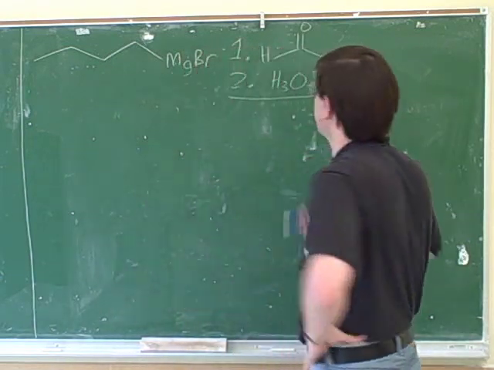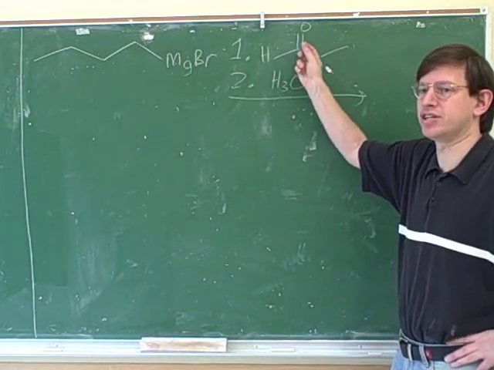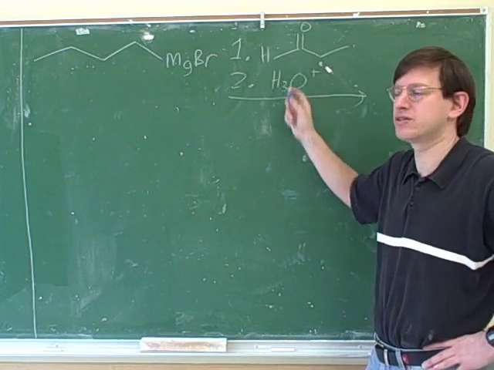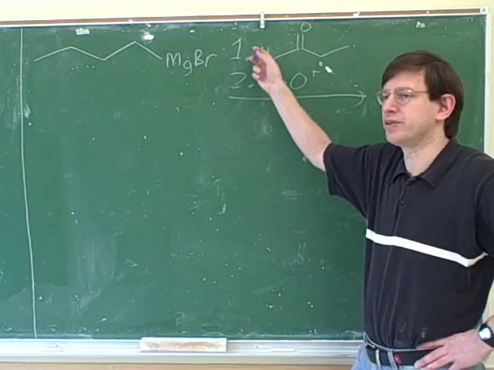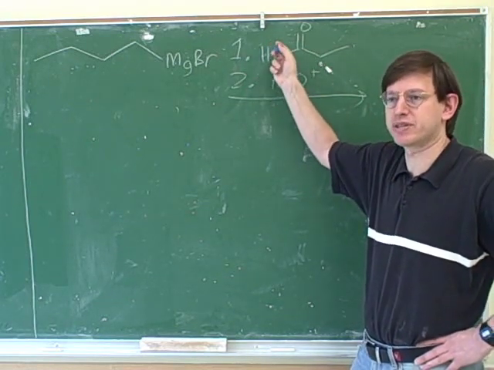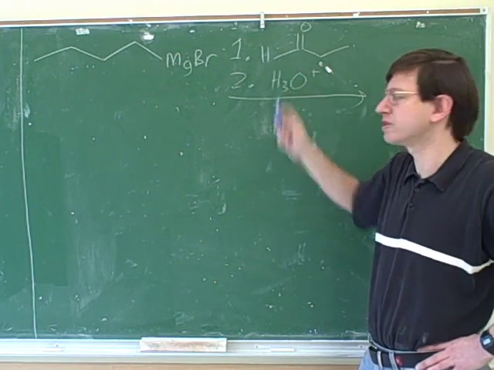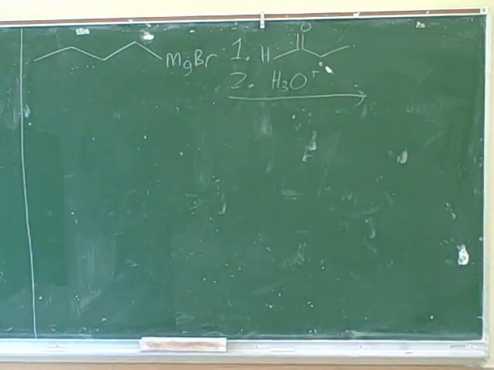So let's try going through the mechanism here. First we're going to add this reagent, and then we'll add the H3O+. When we number the steps, that means these are separate steps. This reagent is added separately from this one. Let me look over your shoulder and see if we can get this mechanism right.